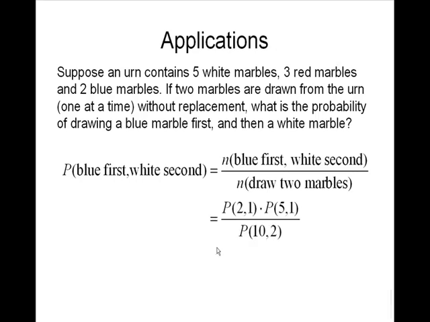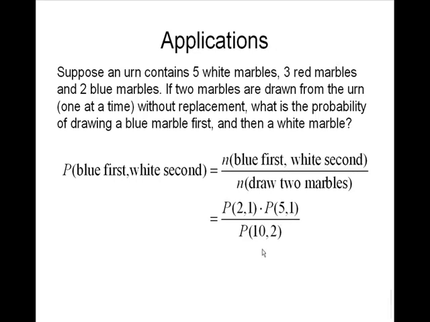To figure out the number of ways to get blue first, I take the permutation of the 2 blue marbles, we're going to select 1, and I multiply that by the permutation of the 5 white marbles, and I select 1. So these are my 2 choices. I need to choose blue and I need to choose white.